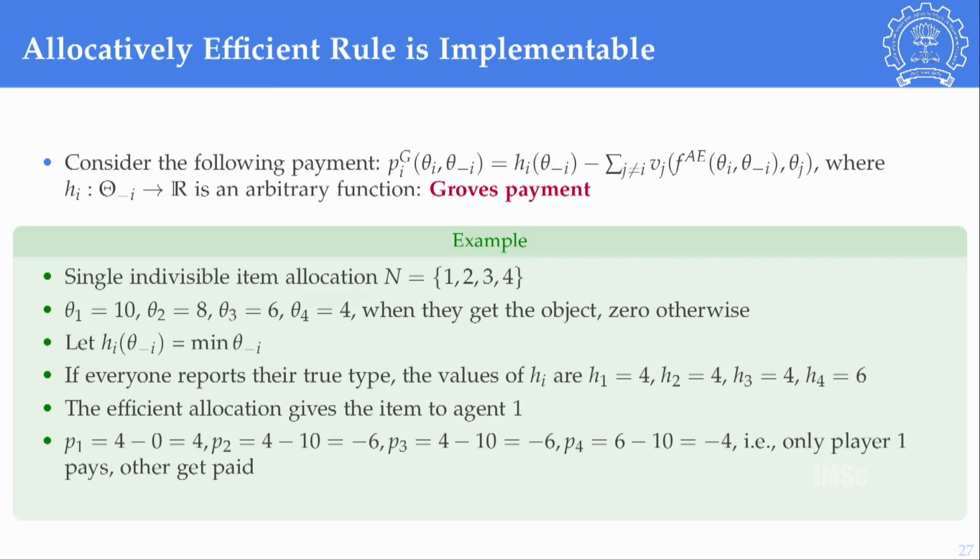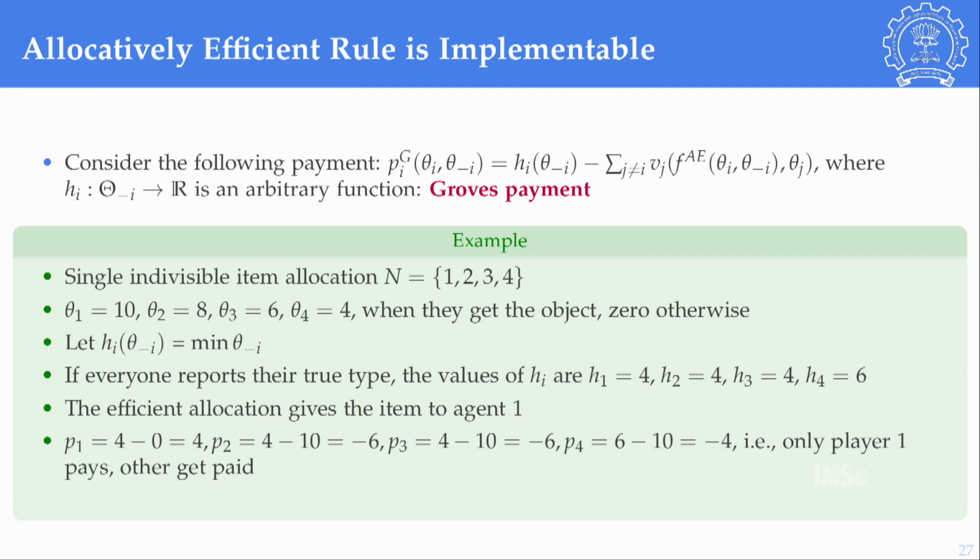It should be 10 because the item is going to agent 1 and that agent's valuation is 10 when he gets this item. Similarly, that second term will be 10 for all the other cases, because if 3 or 4 or 2 is not included in the sum, then the valuation is actually the valuation of agent 1, which is 10. So, the second component is the same, just that the first component is how we have defined it.